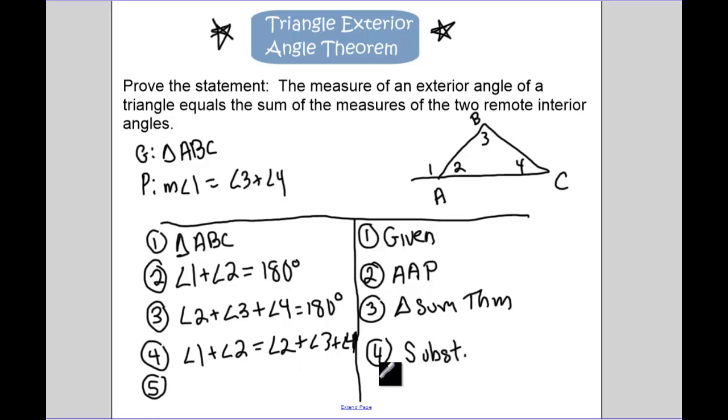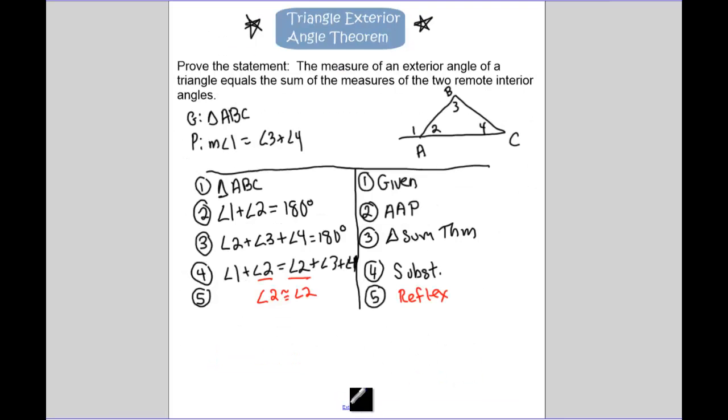Step 5. Angle 2 is common in both. So I need to subtract that. So I state angle 2 is congruent to angle 2 by reflexive. Then I can subtract it from both sides.